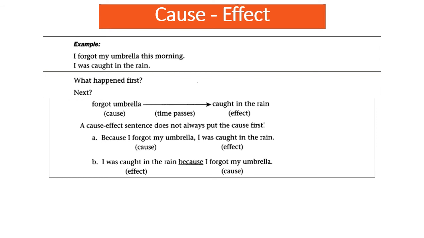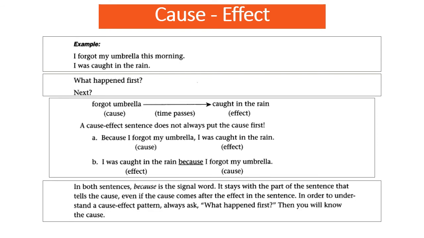However, both sentences are correct, and it can happen in this cause-effect pattern. And in both sentences, "because" is the signal word, it stays with the part of the sentence that tells the cause, even if the cause comes after the effect in the sentence. In order to understand the cause-effect pattern, you can use this question: ask yourself what happened first, then you will know the cause.